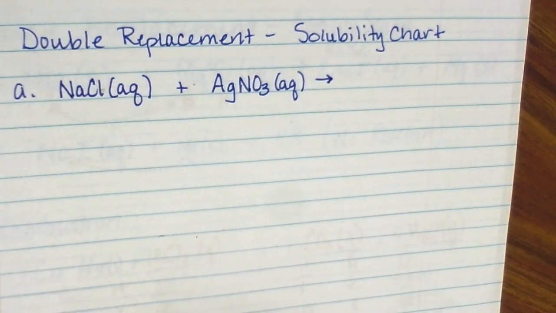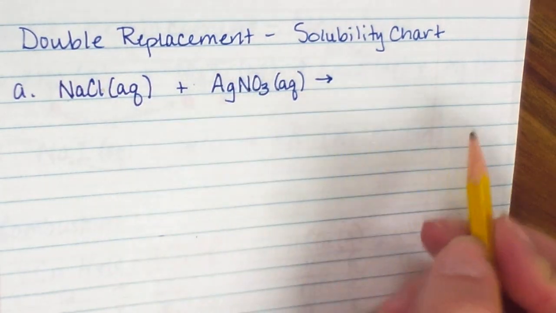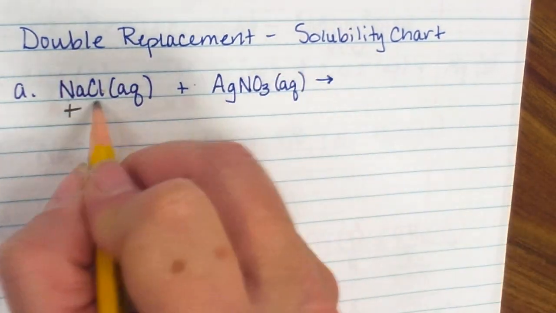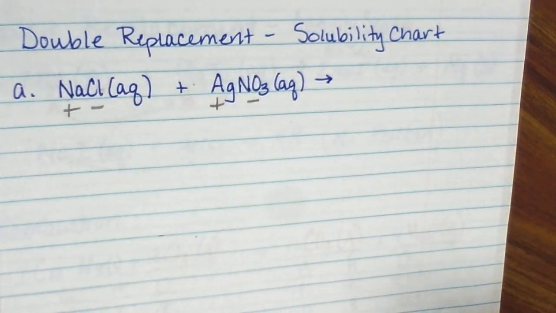All right, now, in a single replacement, it is an element and a compound, and the metals or the nonmetals switch places. In a double replacement, there are two compounds, and the sodium is positive, the chloride is negative, the silver is positive, and the nitrate is negative.